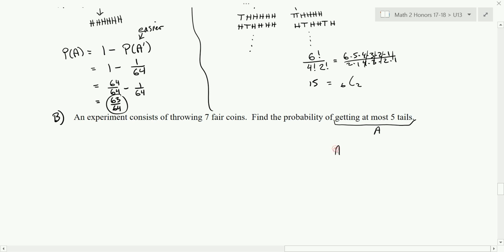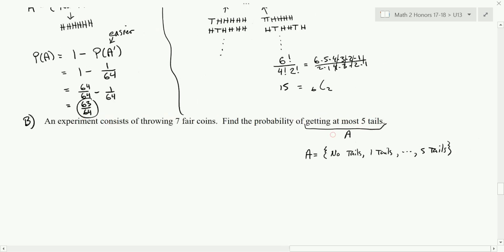So A would mean the event of getting what's the smallest number of tails you can get? 0. So no tails. And then you can get 1. Up to what? 5 tails. Okay. And so this is kind of like the last one where you have 6 possibilities there. No tails, 1, 2, 3, 4, 5.